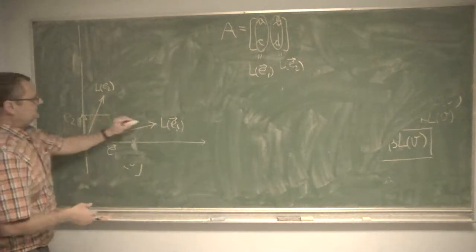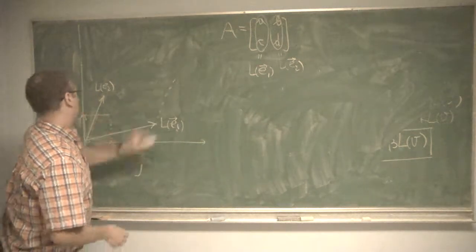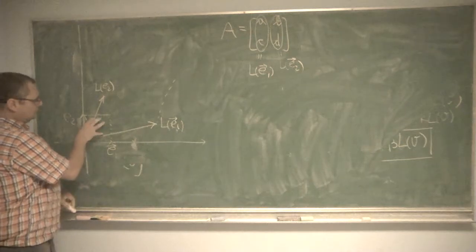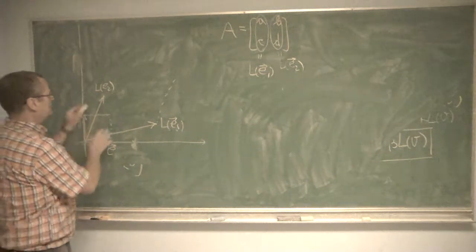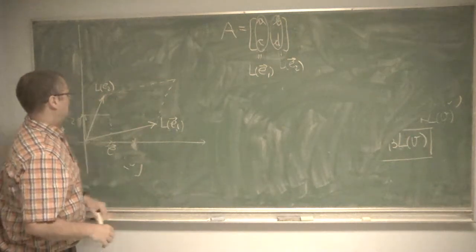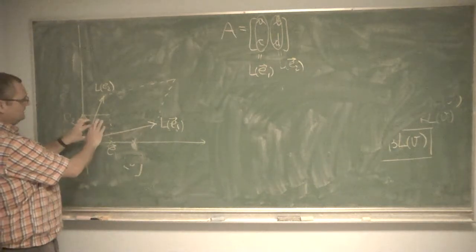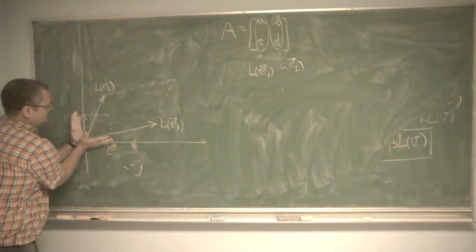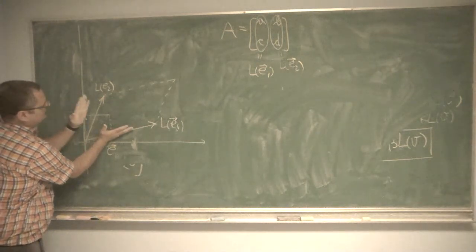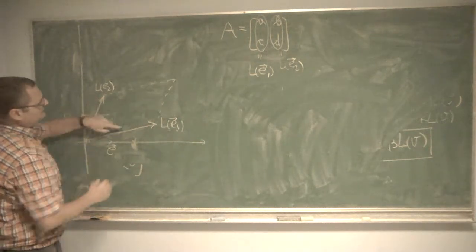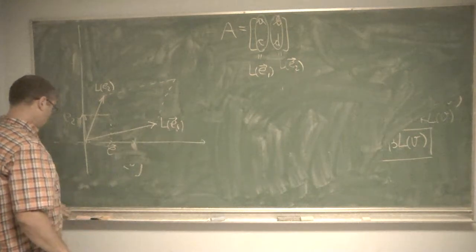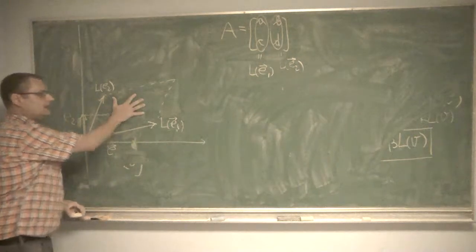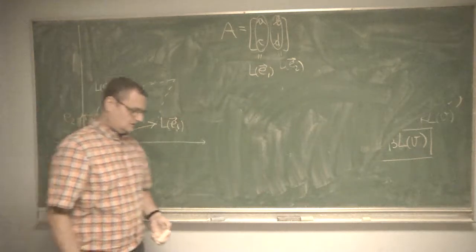Well, the answer is how much this unit square was deformed. In other words, the unit square has area 1. Now, instead of E1 and E2, you have the image of E1 and the image of E2, and the measure of deformation is going to be the area of this parallelogram.